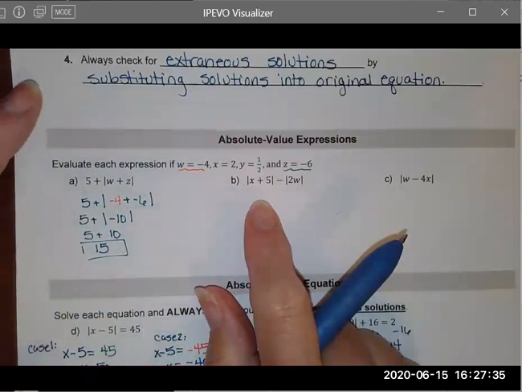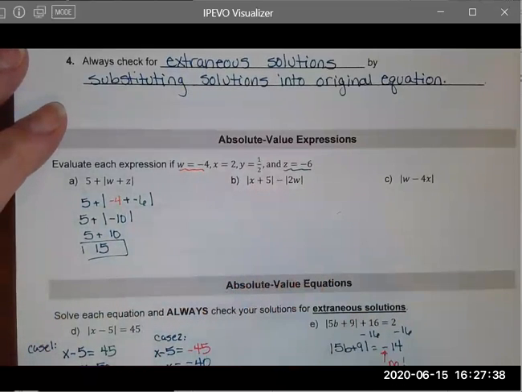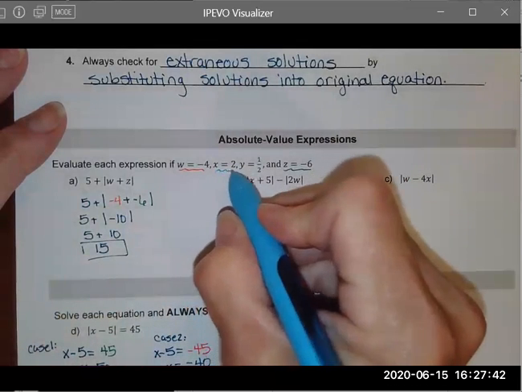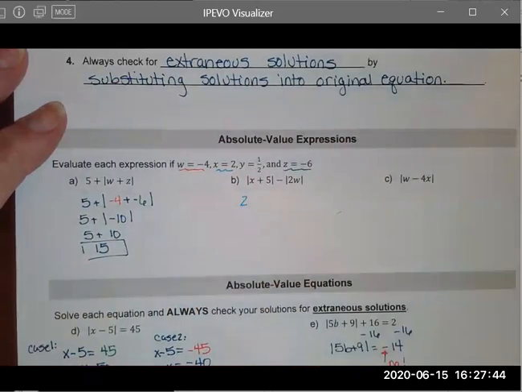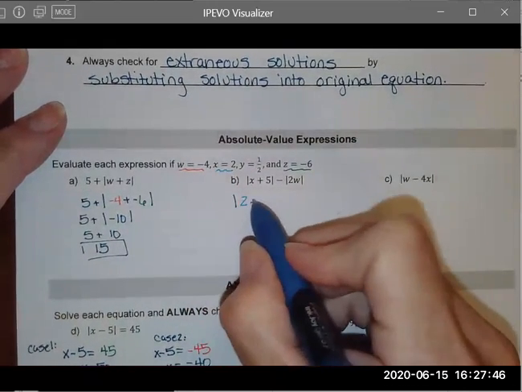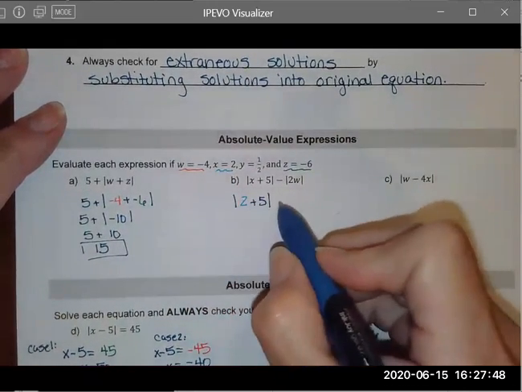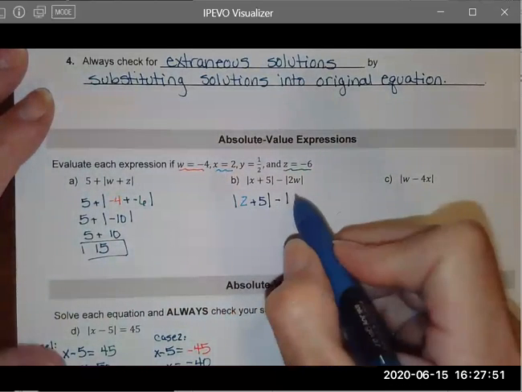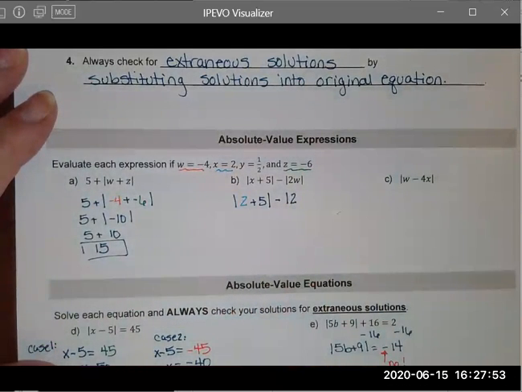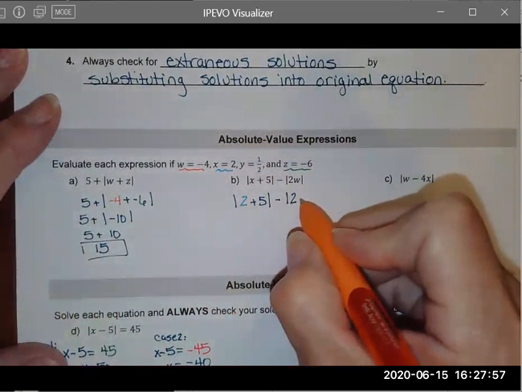Let's try another. In this particular one, I'm asked to substitute the value of x, which is 2. It lives inside my absolute value bar. I'm going to add 5 to it, and then I'm going to subtract 2 times the value of w, and we know that w is -4.